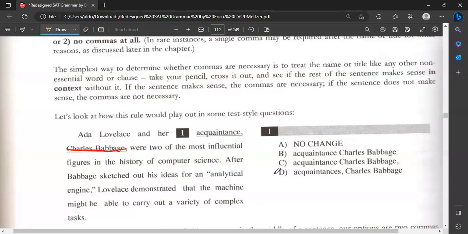So we say Ada Lovelace and her acquaintance were two of the most influential figures in the history of computer science. After that, Babbage sketched out, so have you noticed that the word Babbage has been introduced here, but we crossed out Babbage, so we know that Charles Babbage should actually be essential. Does that make sense? So we can remove A.